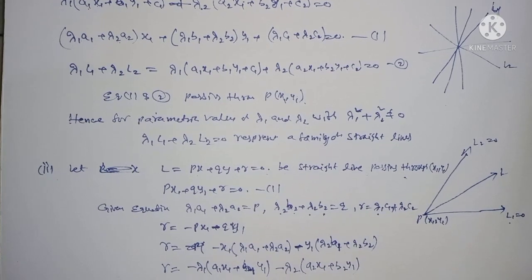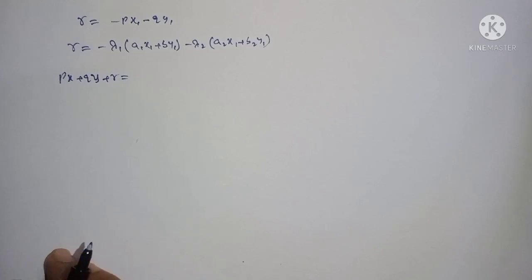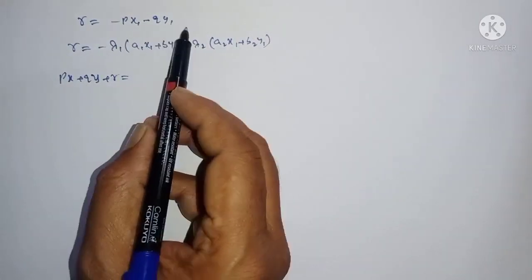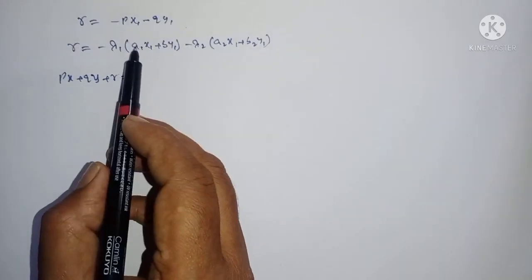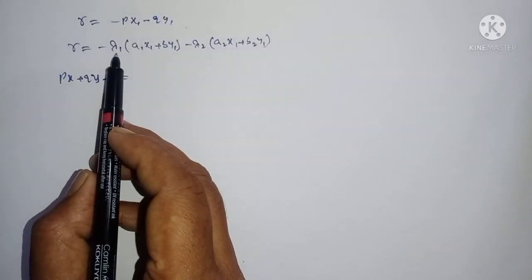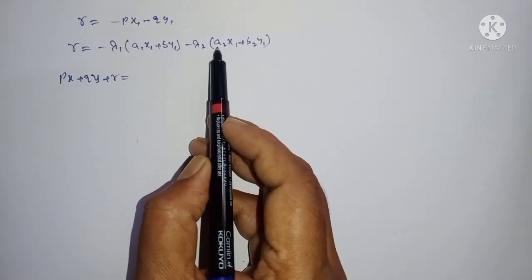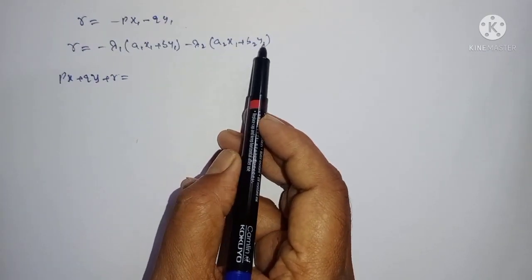You got here minus lambda 1 into a1 x1 plus b1 y1 and minus lambda 2 into a2 x1 plus b2 y1. Already this is complete. r is equal to minus p x1 minus q y1. You can substitute x1 and y1 and simplify. r is equal to minus lambda 1 of a1 x1 plus b1 y1 minus lambda 2 of a2 x1 plus b2 y1.